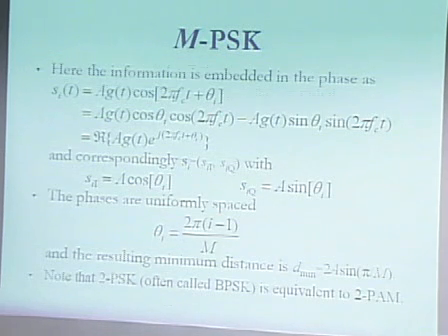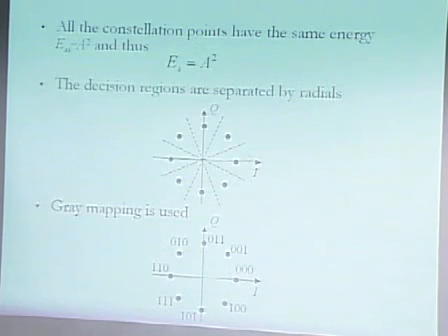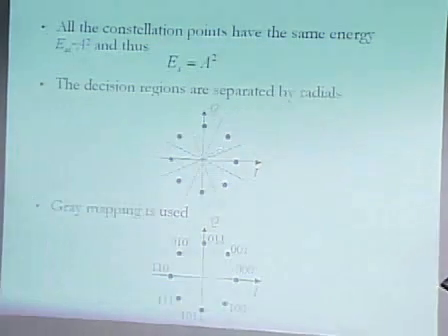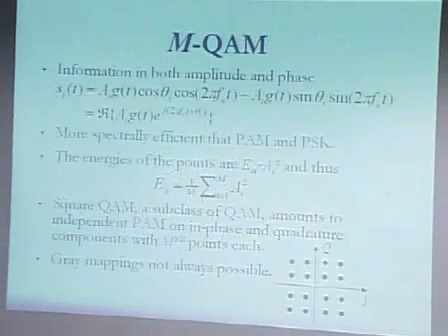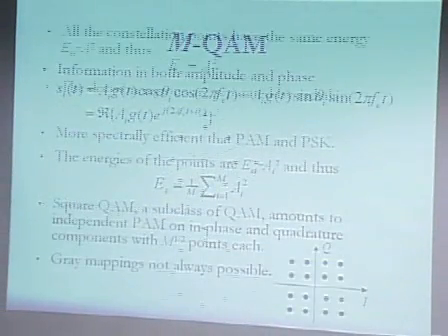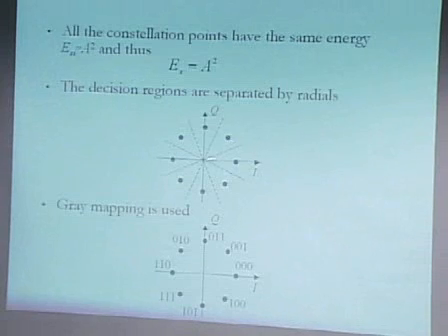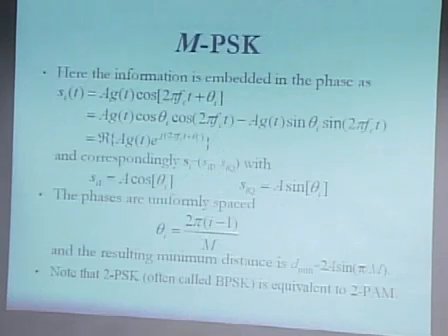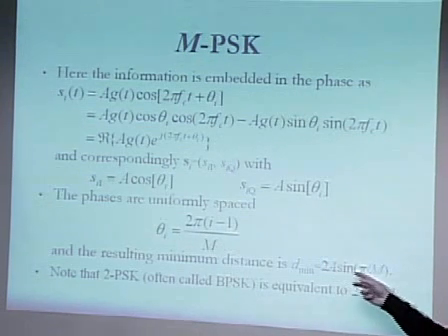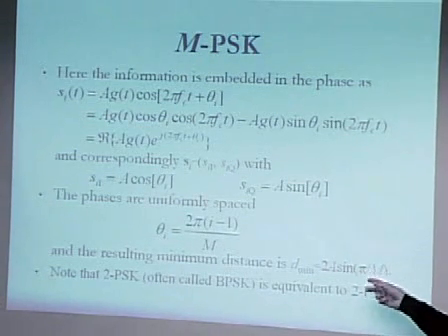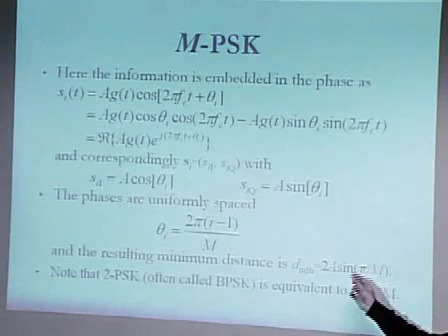Now, if we take two of these points, right, we have this circle of size A. The distance between two neighboring points, you can compute, again, by building a triangle. I'm not going to do it here, but you build a triangle between the origin and two of these points, and you find that the distance between 2 points is 2A times the sine of pi divided by M. So the more points you have, the smaller the distance.